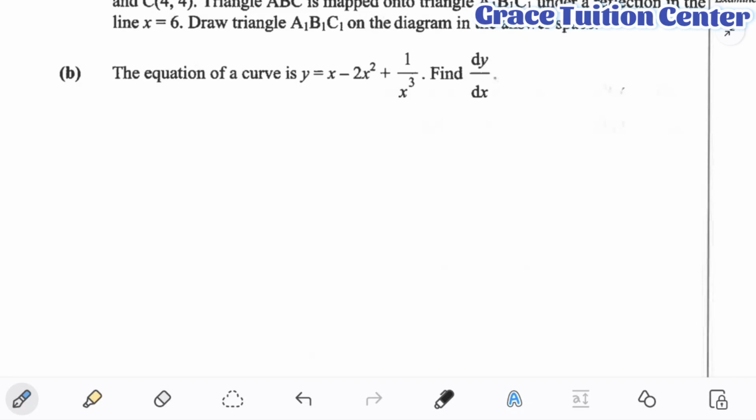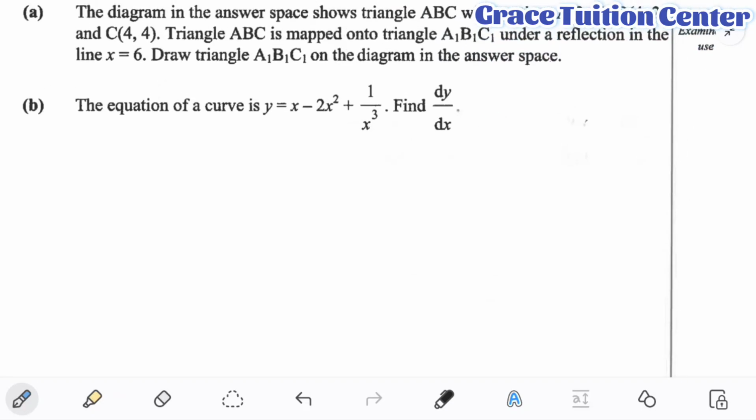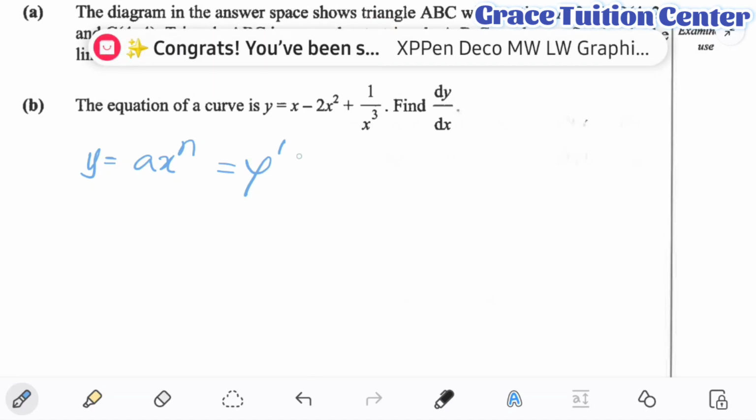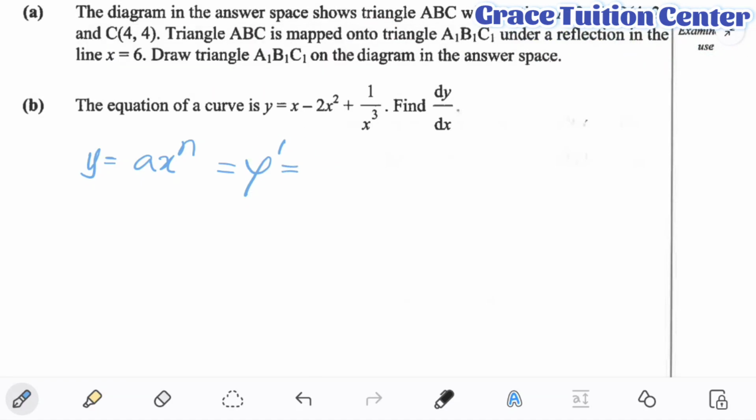So the key concept you need to know here is that under differentiation, if you are given y equals ax to the power n, where a is a coefficient, n is the power, then y prime, which is just the same as saying dy dx, is equal to, I drop this power down here, so I will have n, then times a x to the power, I subtract 1 on the power there.